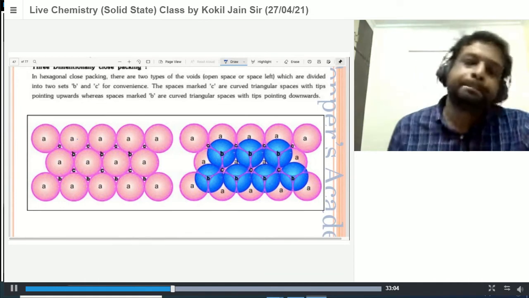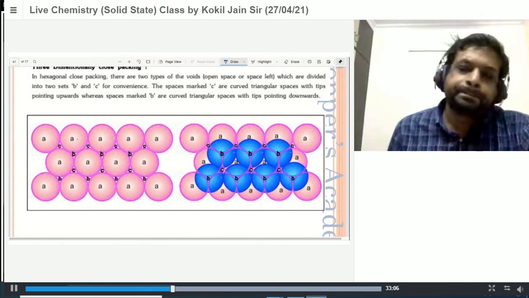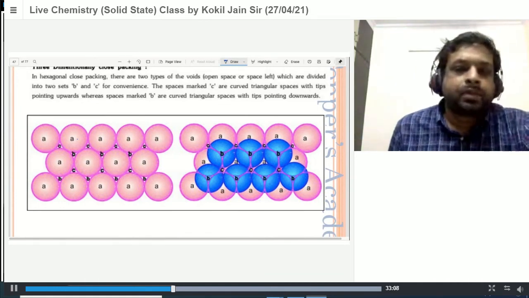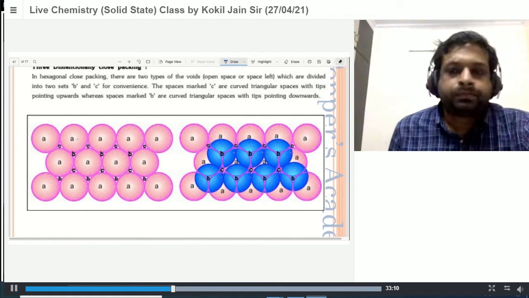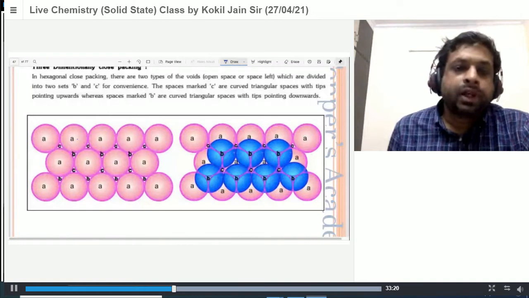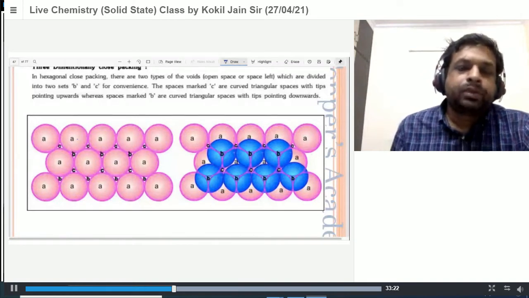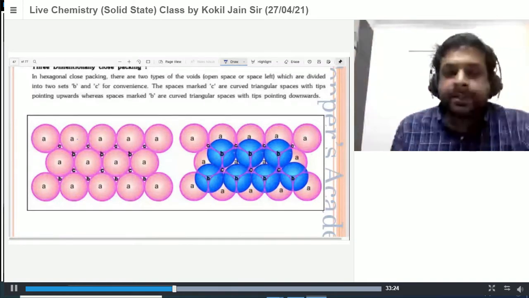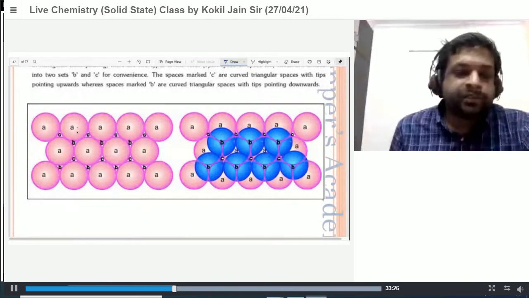In such an arrangement you can see this single sphere is touching 4 spheres in this two-dimensional arrangement. Only these are present, side by side, in the two-dimensional arrangement. We can see two types of void spaces.